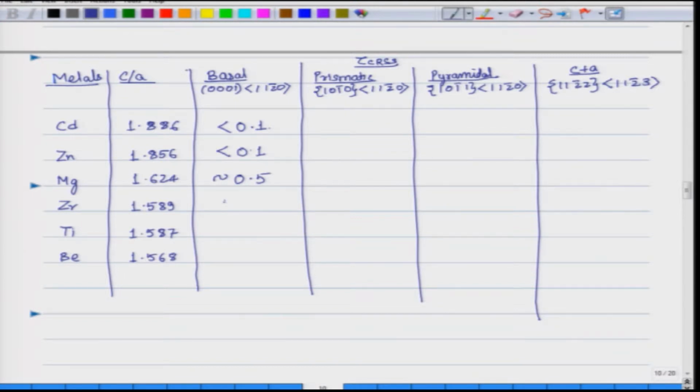When we go to zirconium, it is much higher than all these, 3.5, and titanium is 3.1. Now, here are some discrepancies, because 3.1 is the calculated value and the measured value is actually much higher, 80, but we are just putting some values which fall in the trend, but you should remember that there will also be 80, which is the experimental value, and this is beryllium, which is 5.